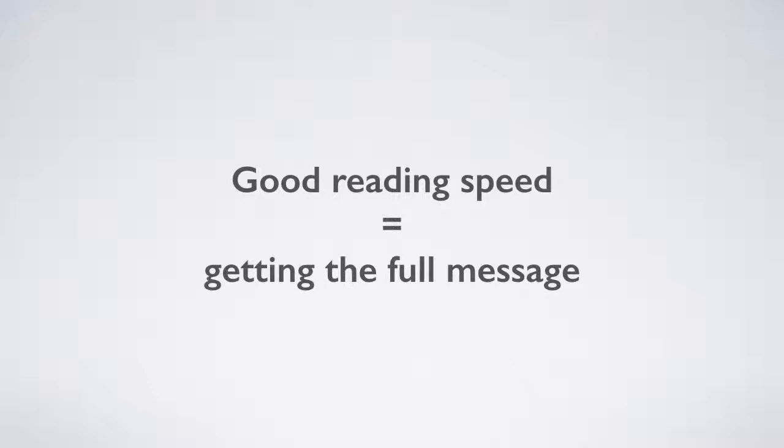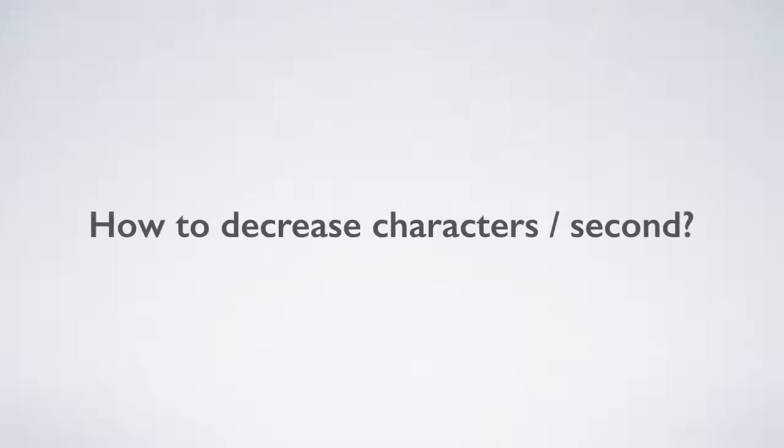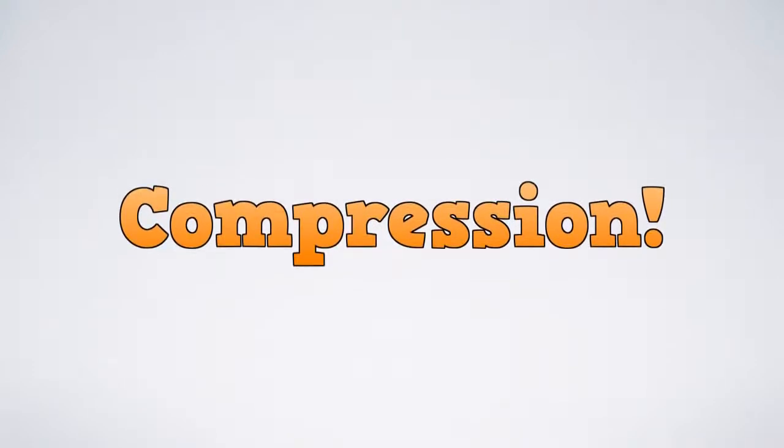And thankfully, that new info box in Amara helps you see when the reading speed goes above the 21 characters per second limit, and thus it shows you where you can help the viewer in following the talk. To fix the reading speed, some more advanced users may want to adjust the timing of some troublesome subtitles, but in almost every case, your main tool will be compression, which means trying to express the same meaning in a shorter subtitle.